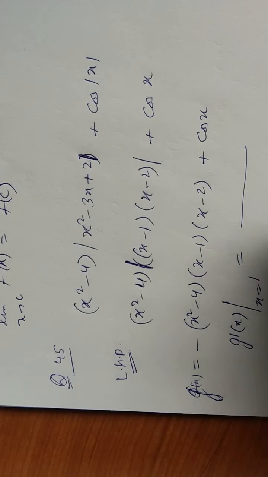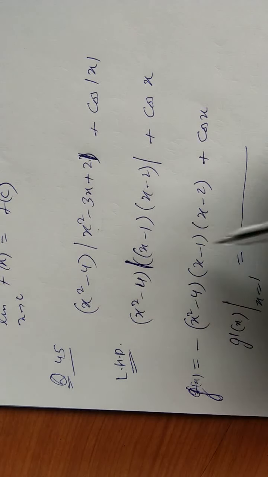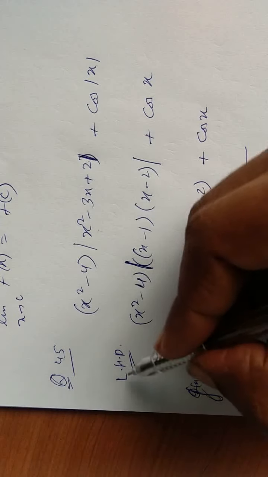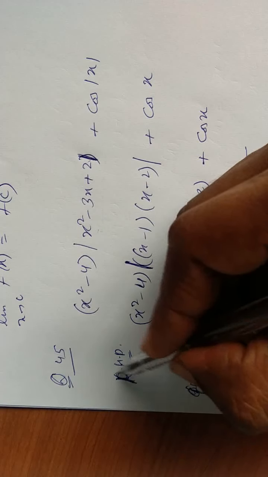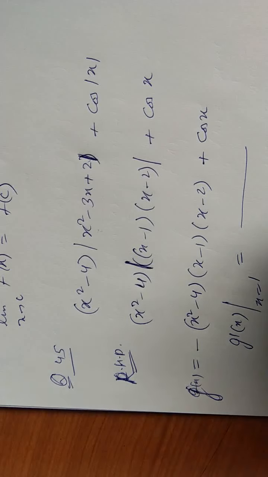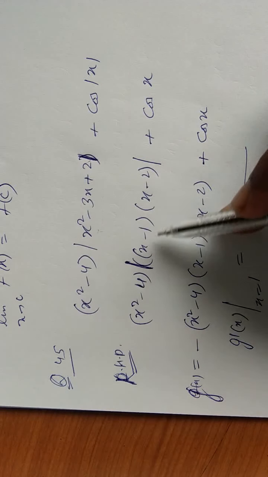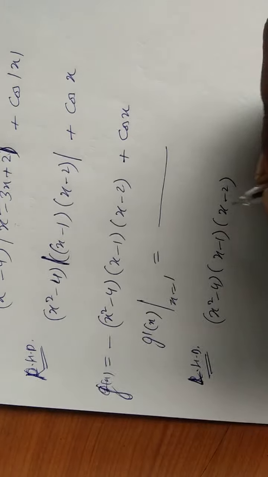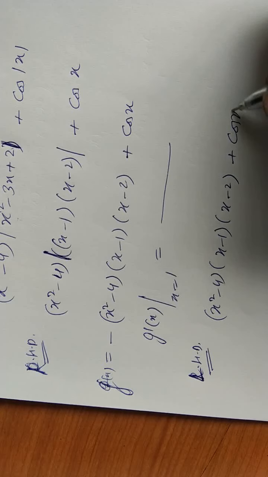And for RHD, sorry, this was 1 positive, so this was RHD, and this is LHD. So LHD, when 1 negative, this is going to open positive. So x square minus 4, x minus 1, x minus 2 plus cos x.